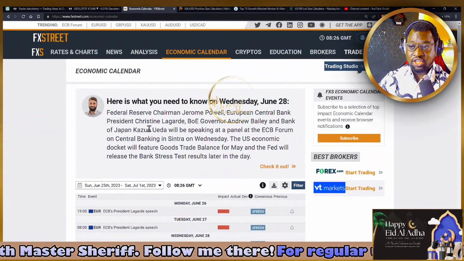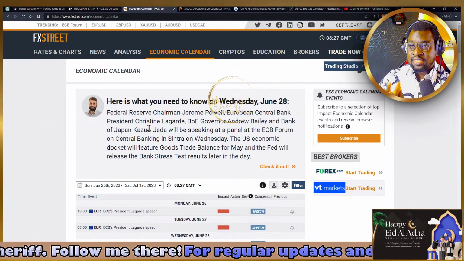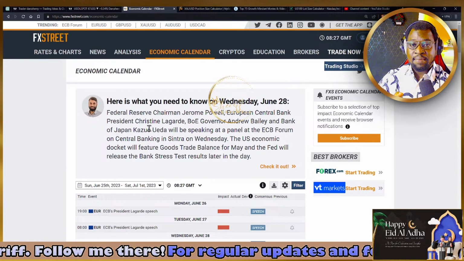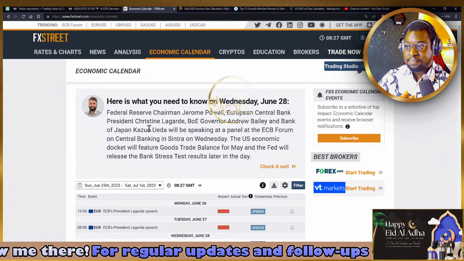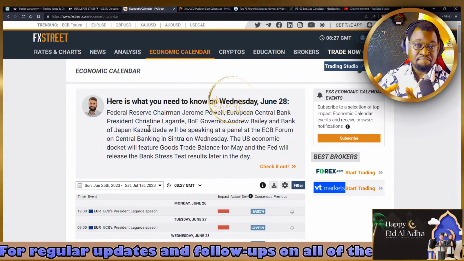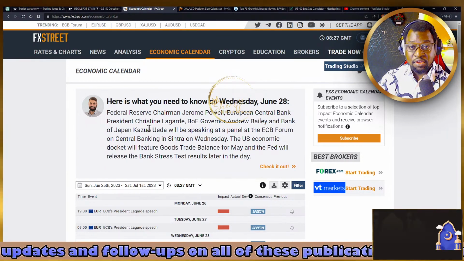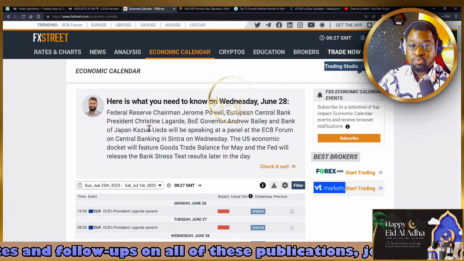Today is another special day. We are looking forward to the ECB's annual conference, which is coming up at Sintra, and we are going to be seeing the representatives of the central banks give speeches today, which everyone definitely wants to look forward to.